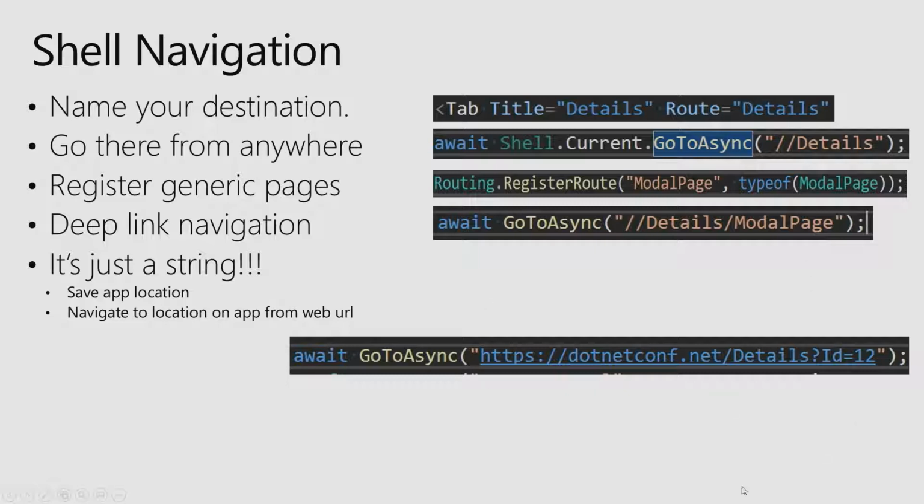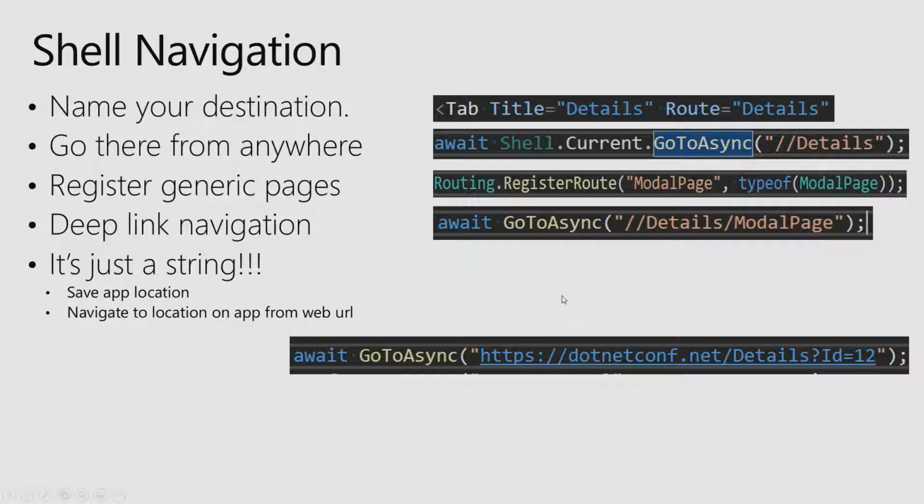For example, here you'll see I've taken the URL for .NET Conf, and I've added a route destination point here. The thing to note about Shell is that Shell will automatically strip the scheme and the host here, and then it'll just look at this part of the navigation point. So when that data element comes in from, say, your Android intent, you can just take that data string and say, hey, Shell, navigate to this thing. If the URL page has a logical mapping into Shell, it'll just go there.